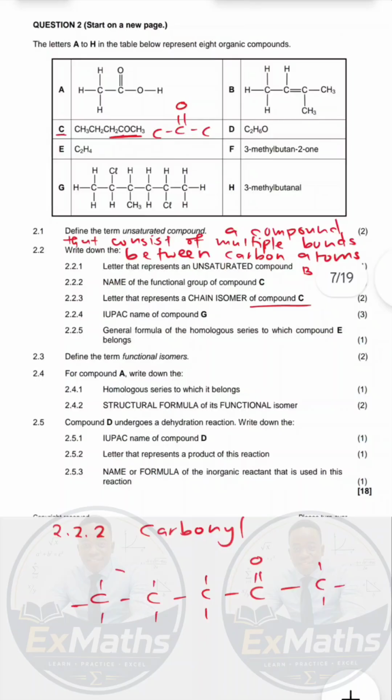So what we can do here, we can take this one and place it on this carbon. We're going to have a branch. So this is what we're going to have. 1, 2, 3, 4. Then we have a double bond here. Then we can put our branch chain here. Then the rest are hydrogens.